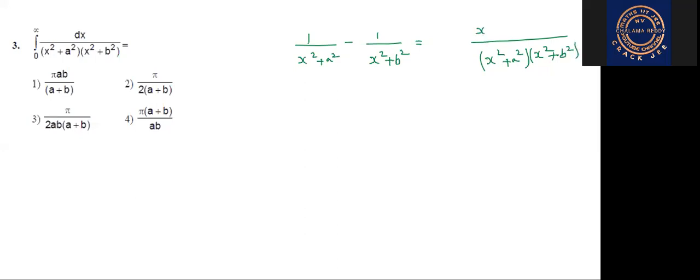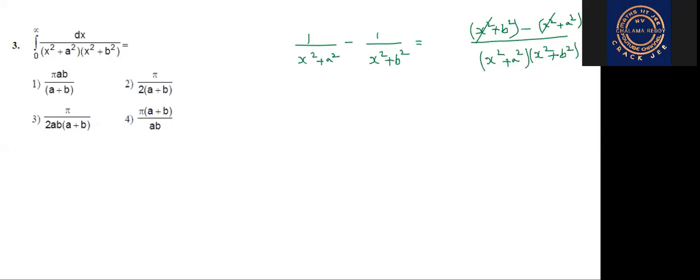Now here will come x square plus b square minus x square plus a square. Here minus x square plus x square is cancelled. The remaining extra term is b square minus a square.